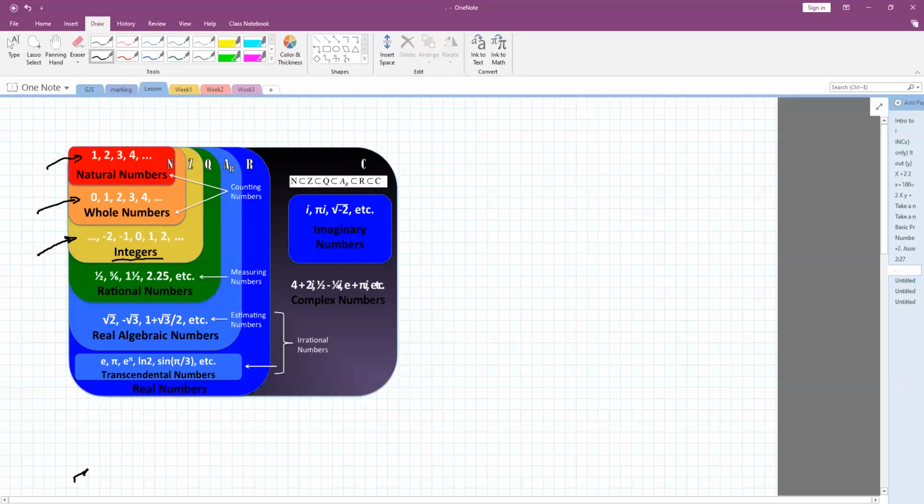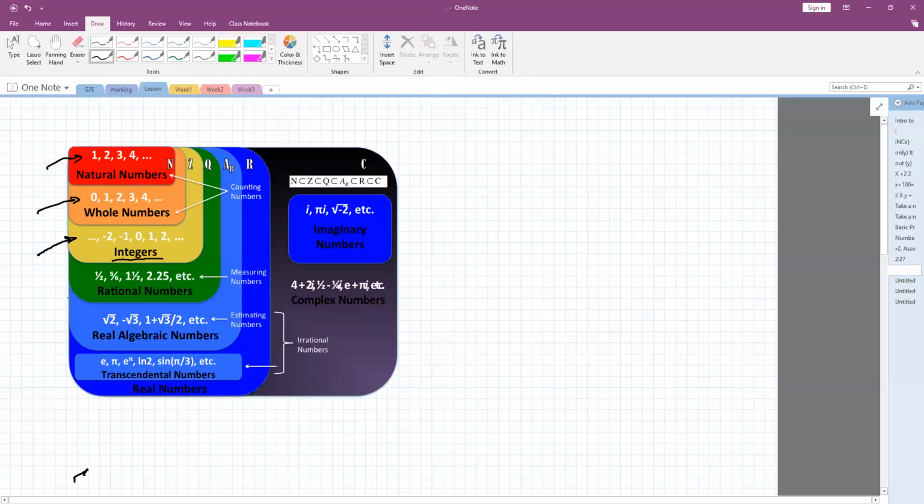That's why if you look at this diagram, the smallest set here is the natural numbers, and then the bigger one is the whole numbers because it includes one more, which is 0. The bigger set than natural numbers and whole numbers is integers because it includes negative numbers now.